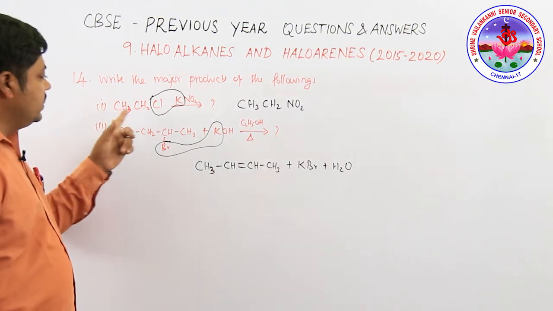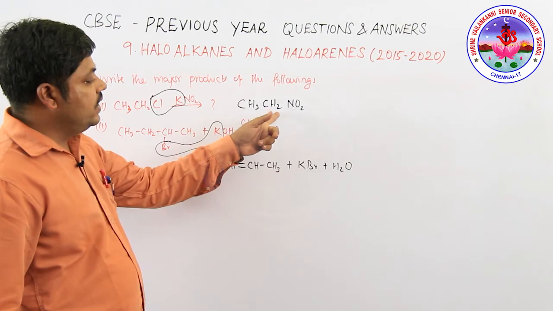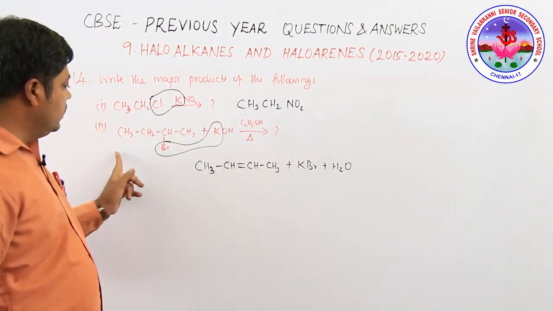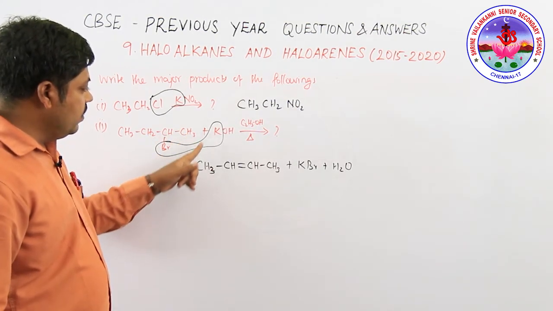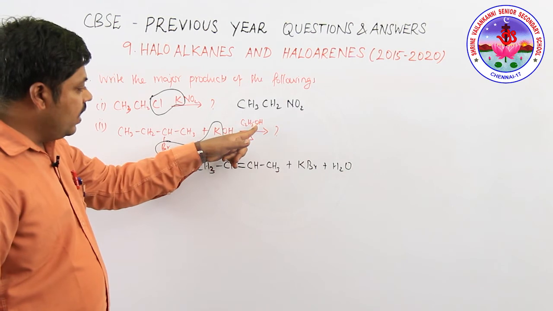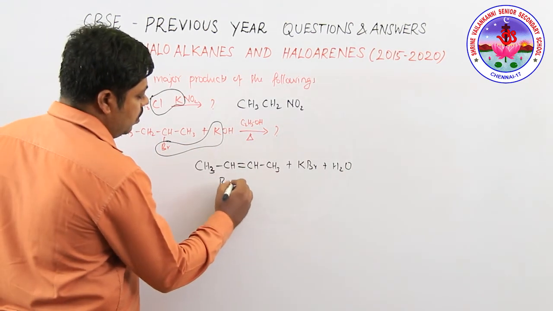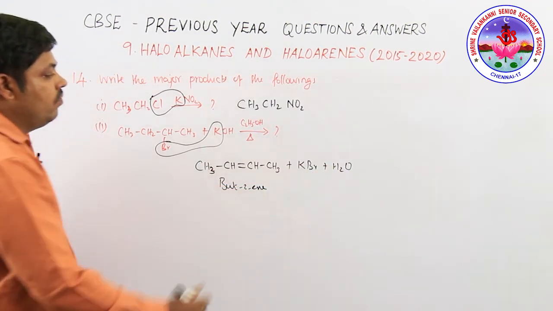CH3CH2Cl reacts with KNO2 to give CH3CH2NO2, nitroethane. Then the second reaction, CH3CH2CHBrCH3 reacts with KOH and alcohol on heating, and you will get the alkene butene, and potassium bromide and water.